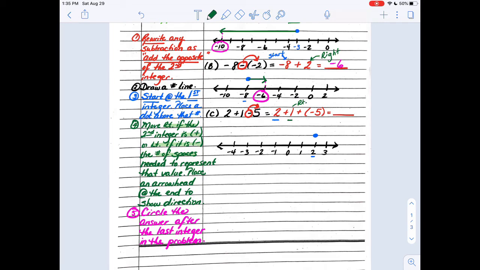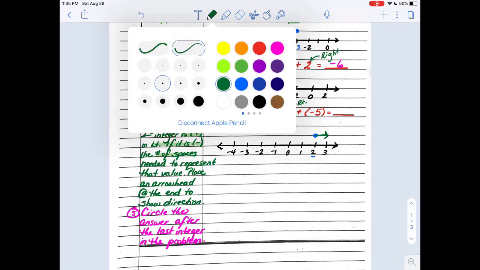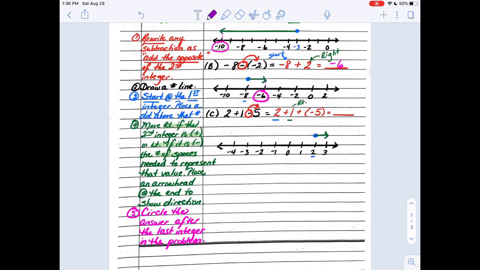I'm going to go to the right 1 place. And I put my arrow so I can see the direction I'm going. Now this is the one difference. I'm not done. I still have another integer. And that other integer is negative 5. And a negative, we know, means to go to the left.